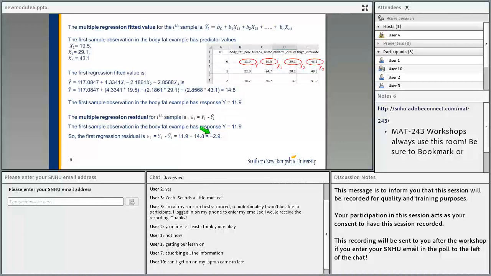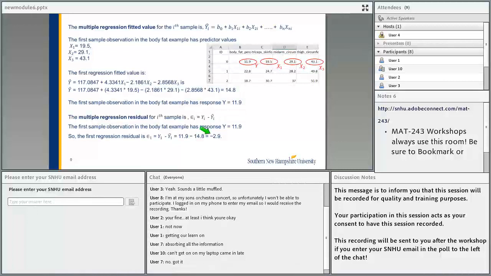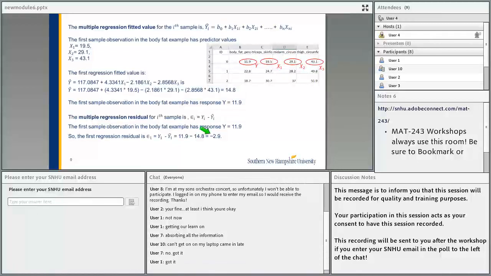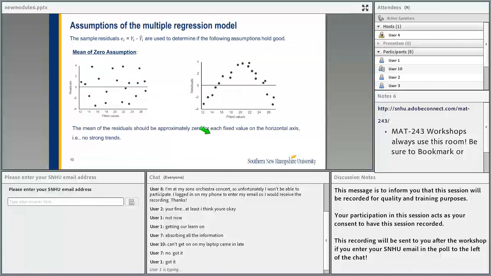Any questions on the slide? Okay, good. But it's too quiet.